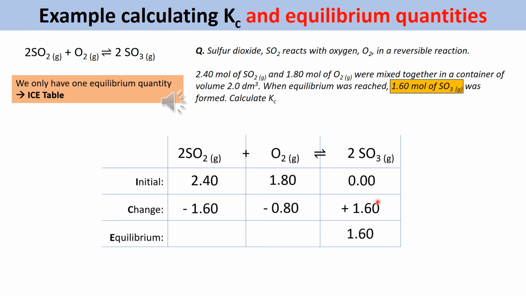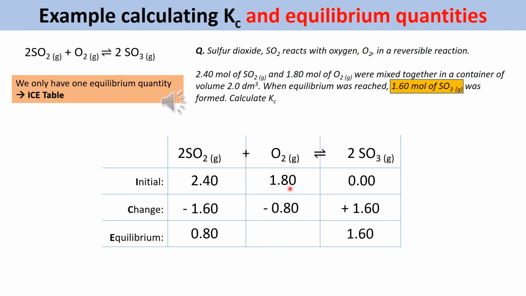So notice how these values here are stoichiometrically proportional to the coefficients given in the equation. Now, if I was to say that my sulfur dioxide decreased by 1.6, at the equilibrium, therefore, I've got 2.4 minus 1.6. I'm going to have 0.8 left over. And my oxygen has decreased by 0.8.